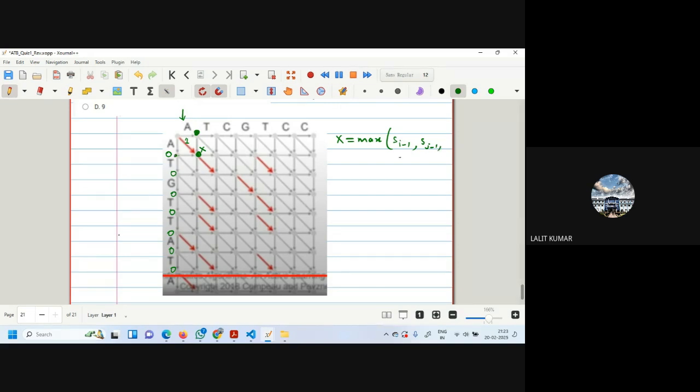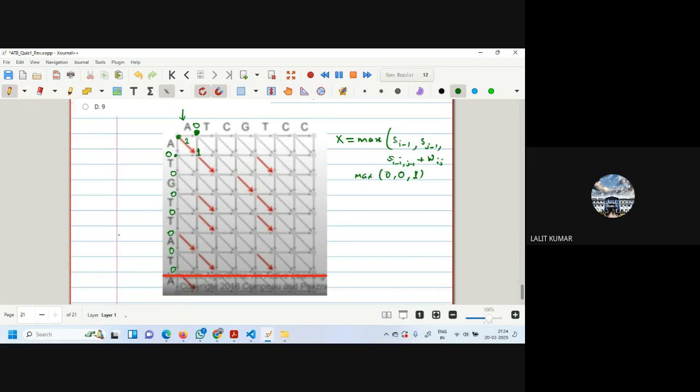And max of this value S i minus 1, j minus 1 plus weight of ij. So in this case, this weight ij is 1. So it becomes max of, this is 0, this is 0, and this is 1. So here it becomes 1. So this value will become 1.